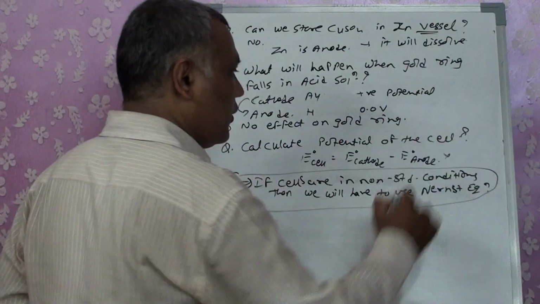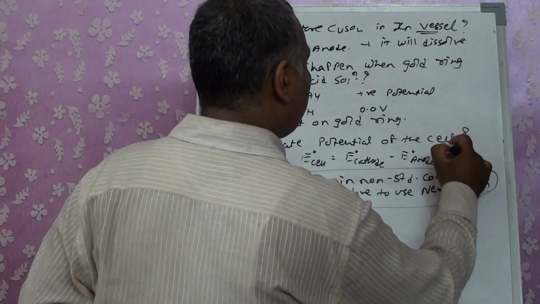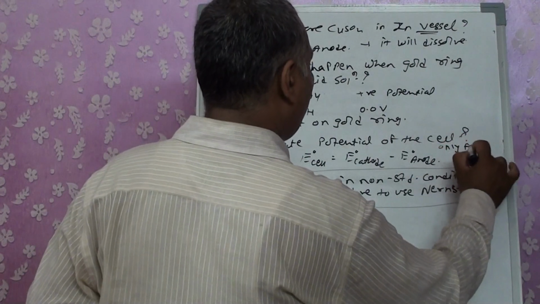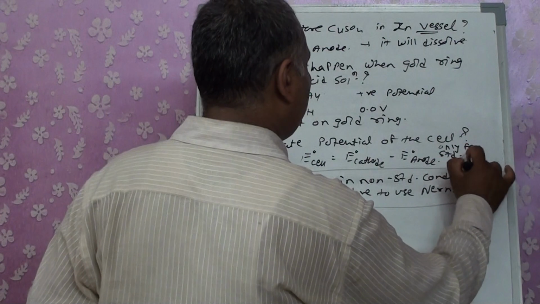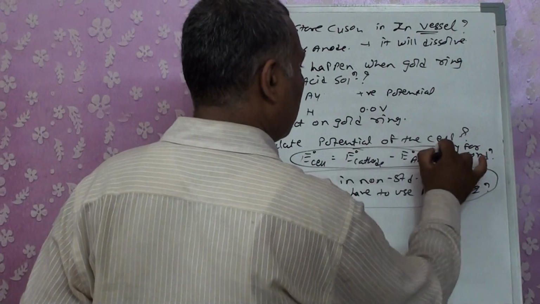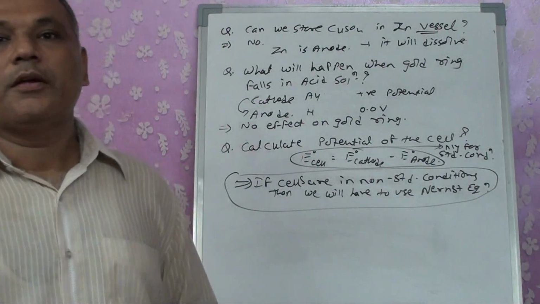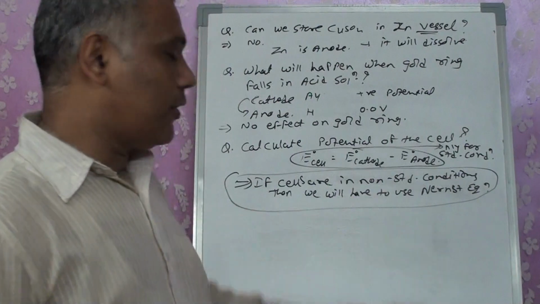Over there, this cannot be used. This is only for standard conditions. For non-standard conditions, we will have to study something different, that is the Nernst equation.